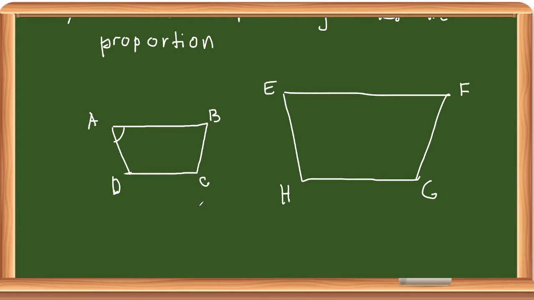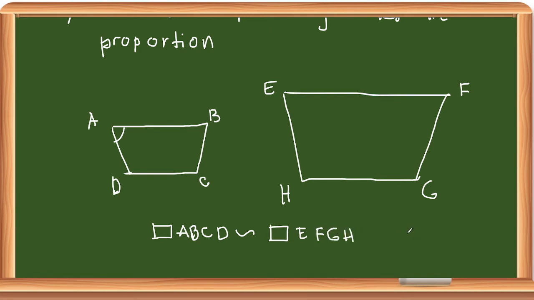For example, it says here that quadrilateral A, B, C, D is similar. So, this is the symbol for similar. When congruent, it is two, no? Two of those. But when similar, the symbol is only one of those, no? Like an S lying down. Now, is similar to quadrilateral E, F, G, H.